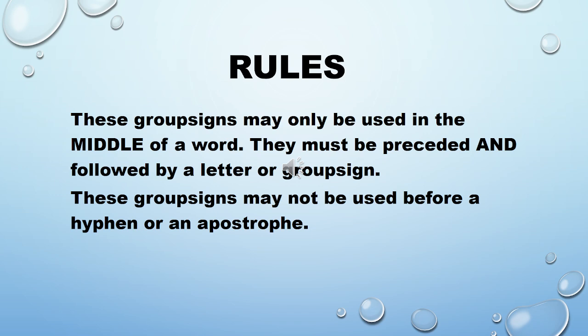Now let's proceed with the rules that govern these contractions. First is that these group signs may only be used in the middle of a word. They must be preceded and followed by a letter or by another group sign. So it cannot be used at the beginning, and it should not also be used at the last part of the word.